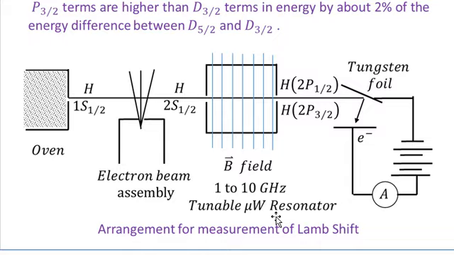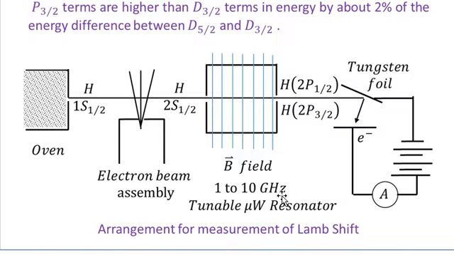For example, if you set the tunable microwave resonator at about 1 gigahertz, then you will be able to induce 2s1/2 to 2p1/2, because the 2p1/2 is lying lower in energy than 2s1/2.